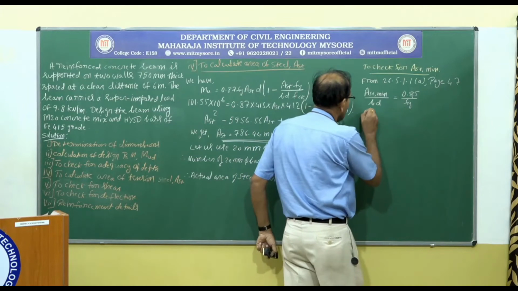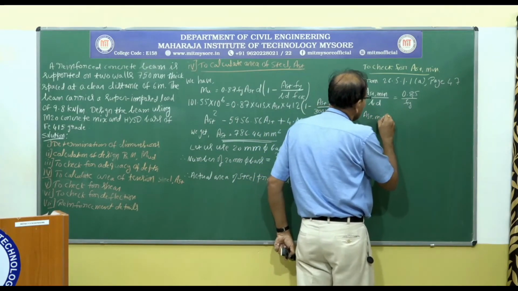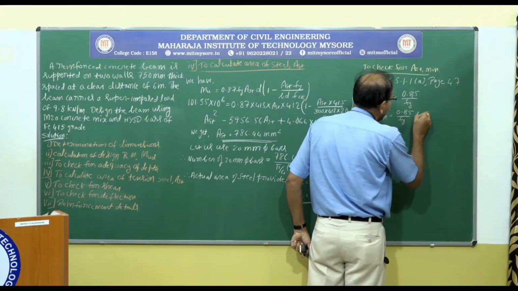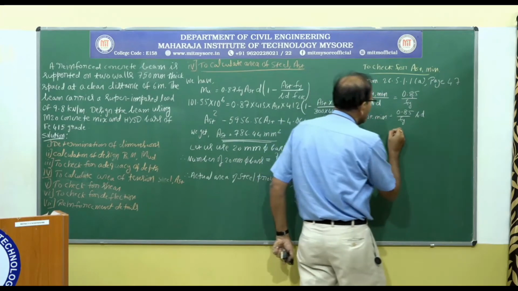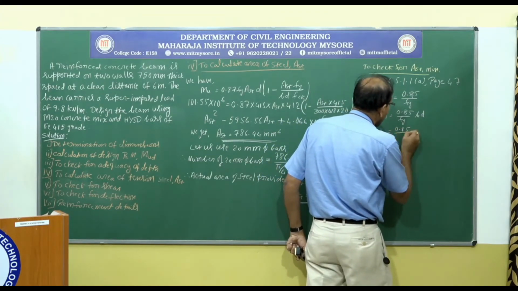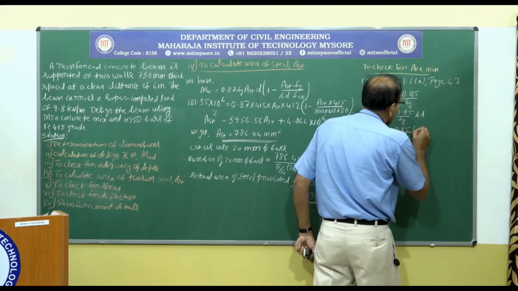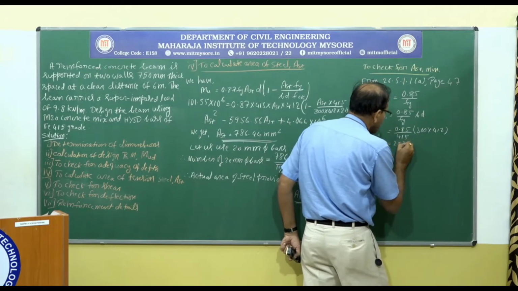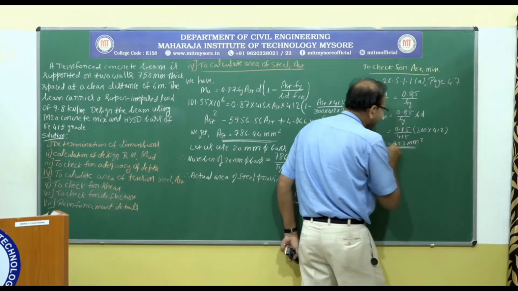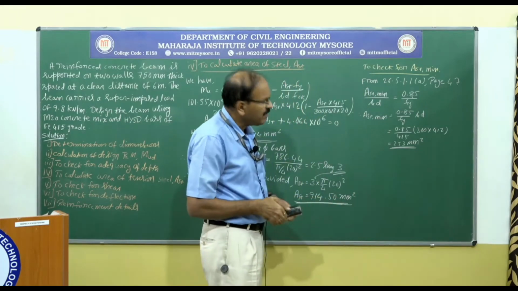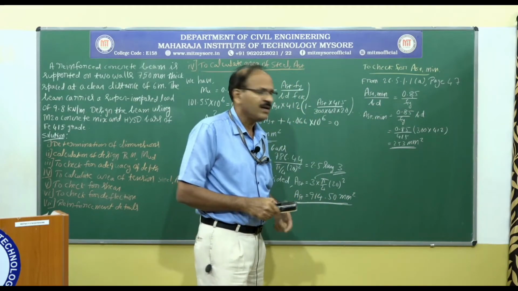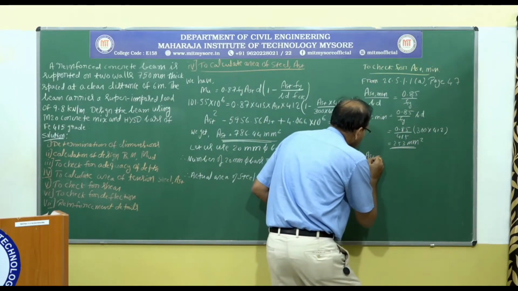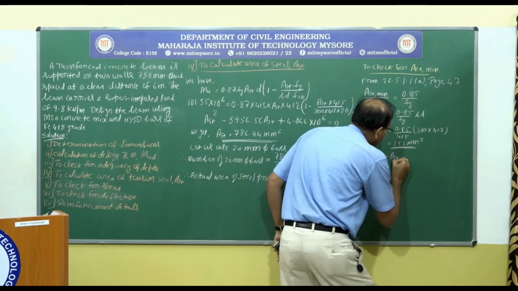Therefore, Ast minimum equal to 0.85 divided by fy multiplied by bd. That is equal to 0.85, fy is 415, b is 300, d is 412. That is equal to 253 millimeter square. That is the minimum area of tension steel required. Therefore, Ast is greater than Ast minimum.